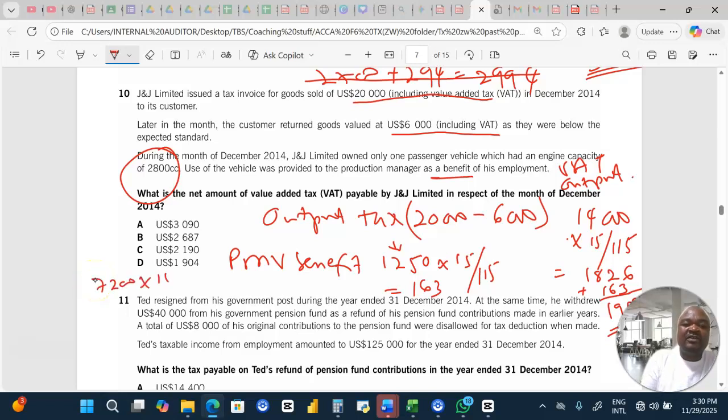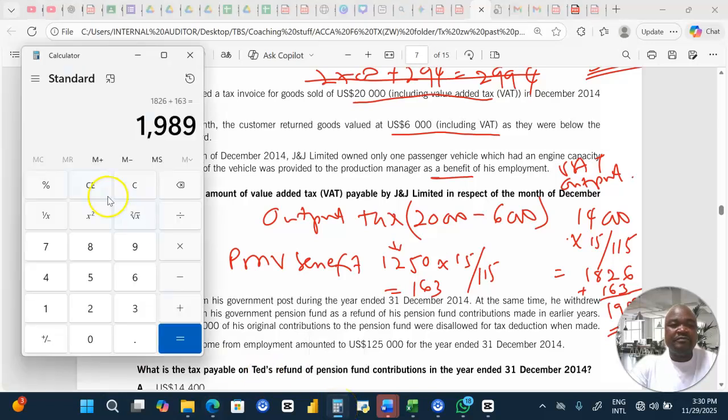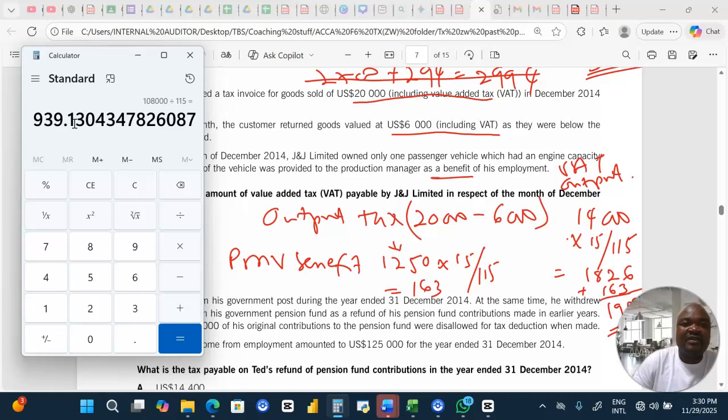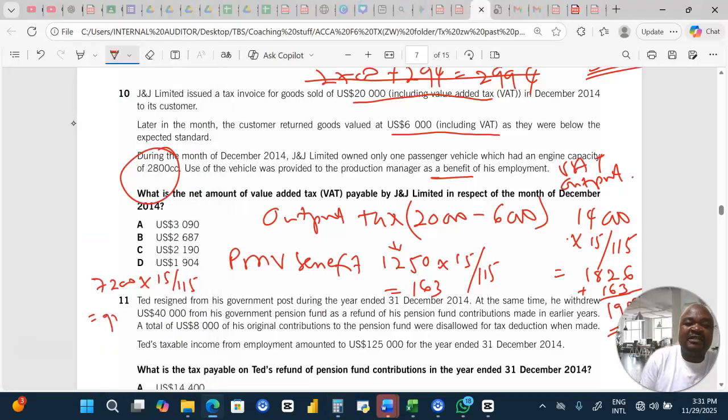7,200 multiplied by 15 over 115. This should be how much? 939. It was going to be 939. And we add it to our original computation there, which was 1,826.